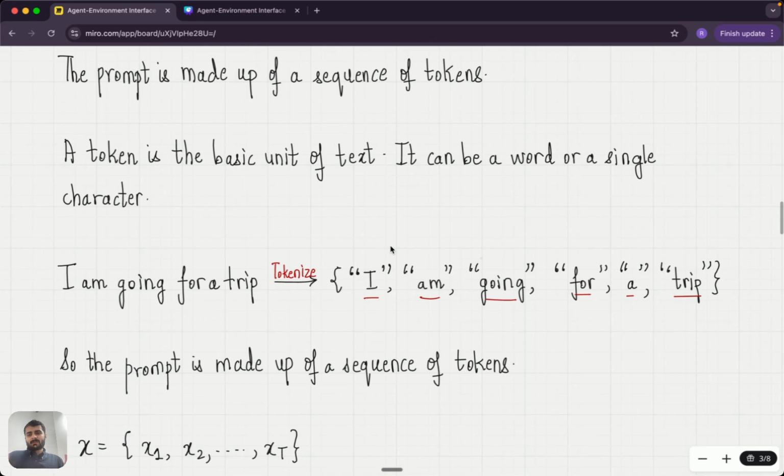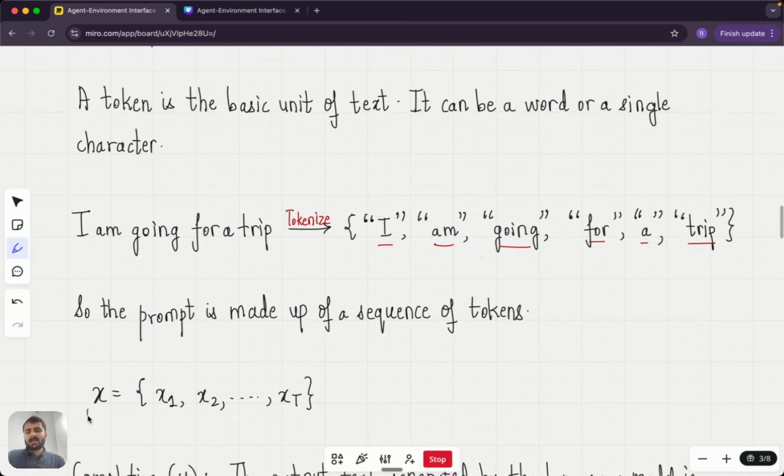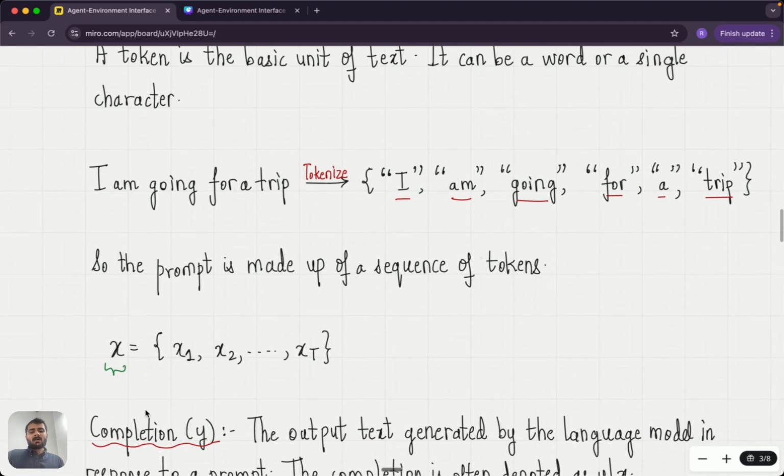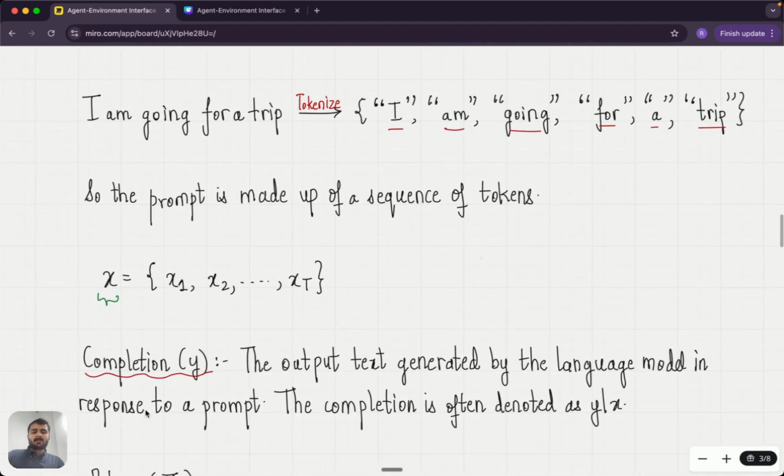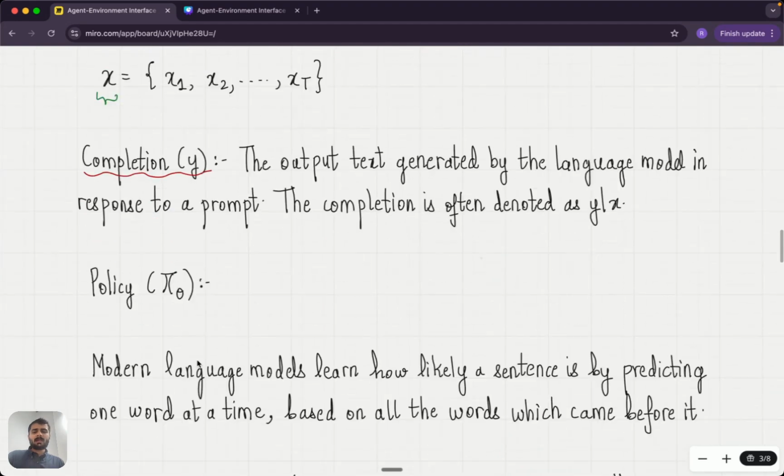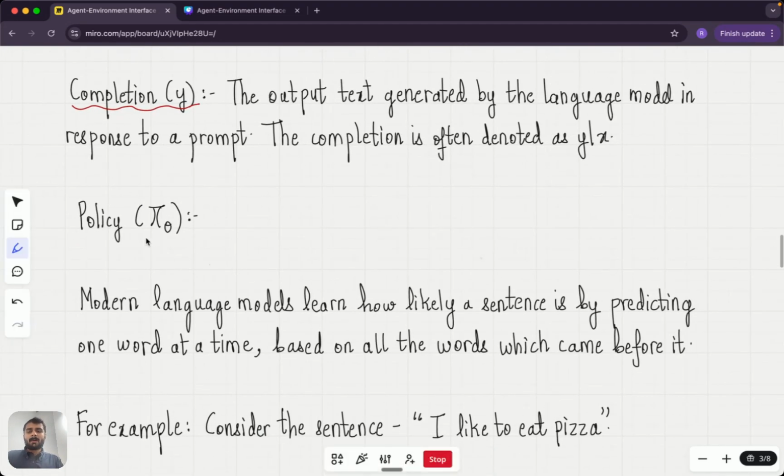So every prompt is made up of a sequence of tokens. X can be written as X1, X2, X3, up to X capital T, where T is the total number of tokens in the given sequence. The completion is denoted by Y. Y is the output text generated by the model in response to the prompt, and the policy is denoted by pi theta.